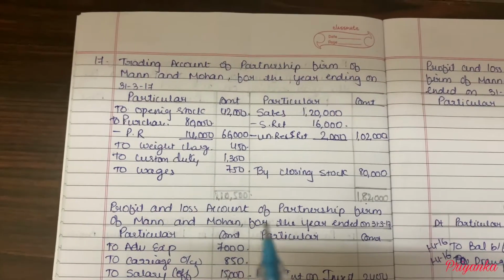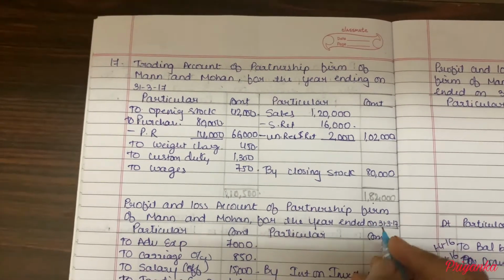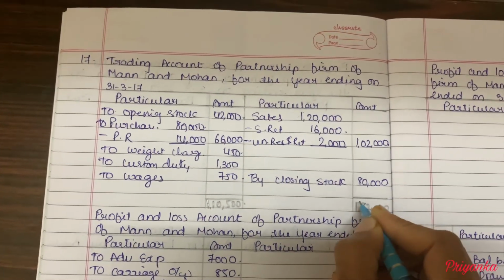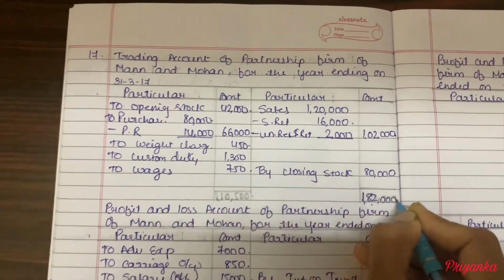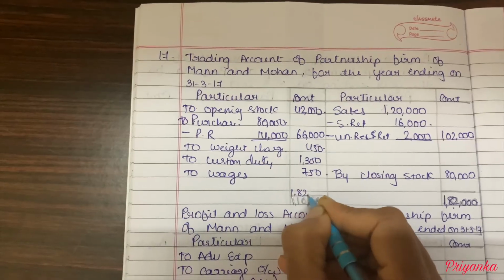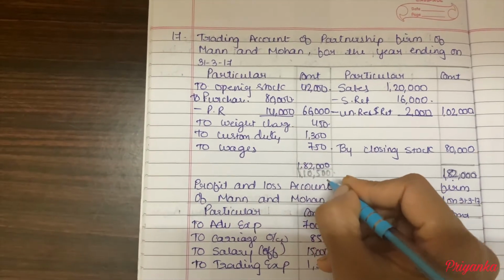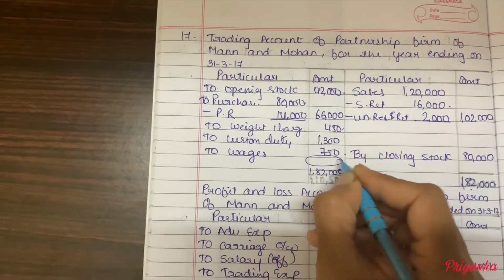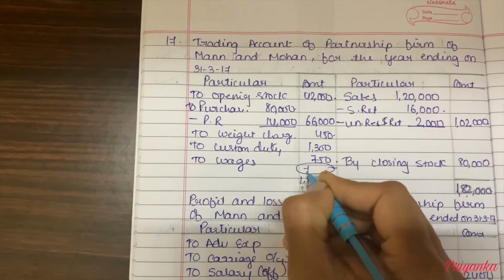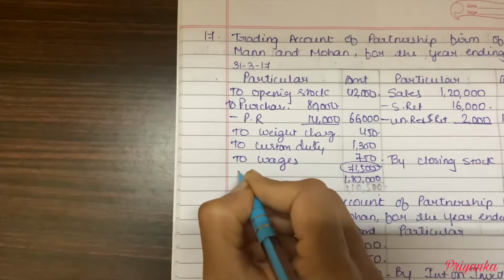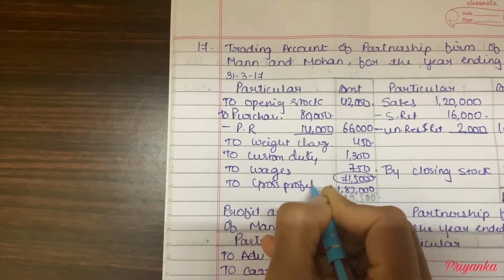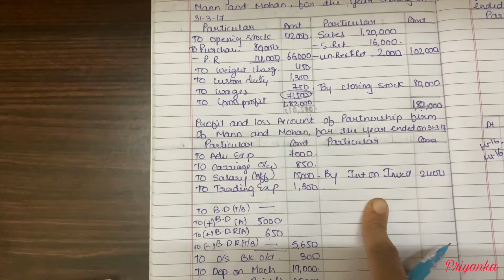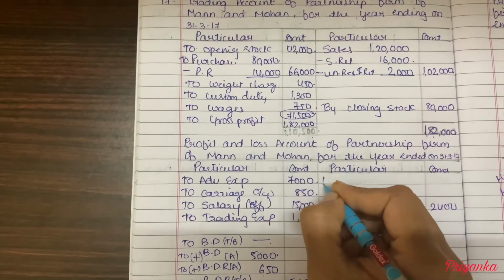Here the total is done of the trading account. Credit side is comparatively more, so to make it fair, 1,82,000 on both sides, and just subtract 1,10,500. You will get 71,500 as a gross profit, which will move to your profit and loss credit side.